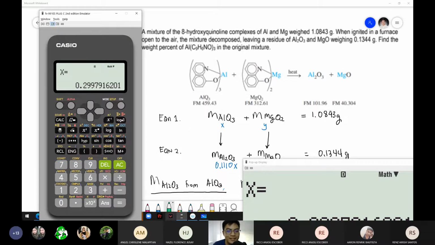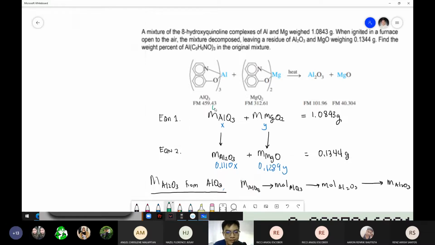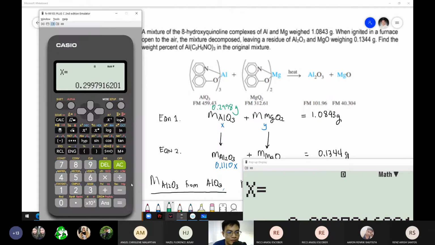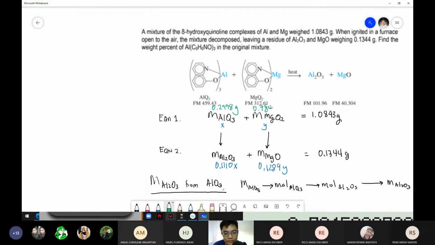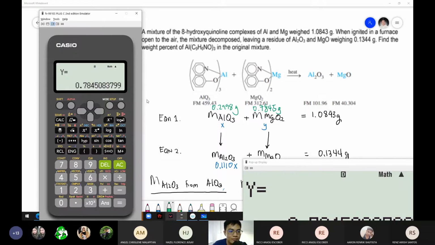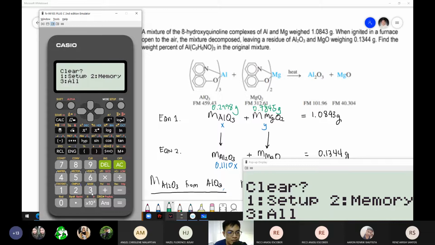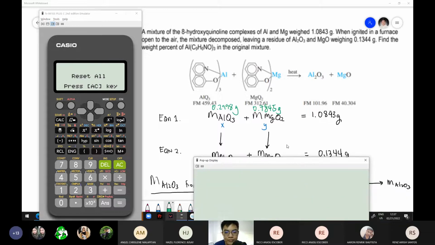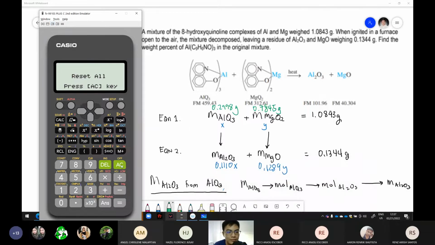Okay. So AlQ3, 0.2998. Ito yung mass niya, 0.2998. And then for the Y, 0.7845. Syempre, percent ang hinahanap. Okay, so balik ulit tayo sa original. Percent hinahanap.